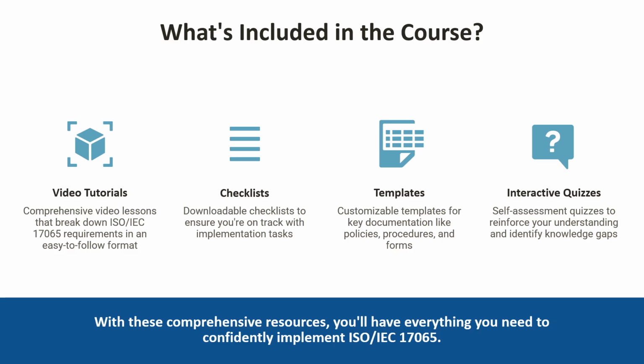Additionally, downloadable resources such as checklists and sample templates are provided to guide you in your certification processes. Please note that while these samples are included, the full templates are available for purchase separately. At the end of the course, you'll receive a certificate of completion, which serves as evidence of your proficiency in ISO IEC 17065 compliance. This combination of resources ensures that you have everything you need to succeed.